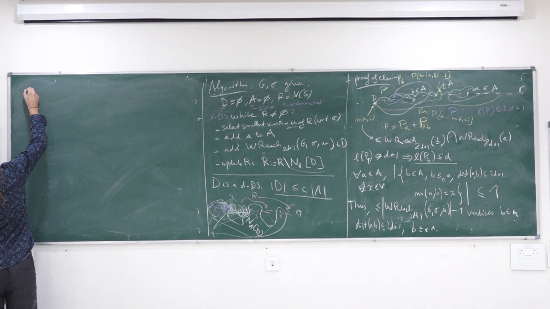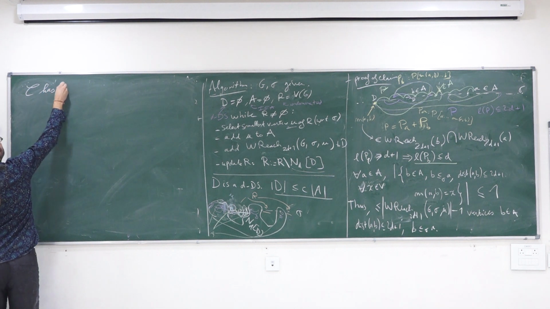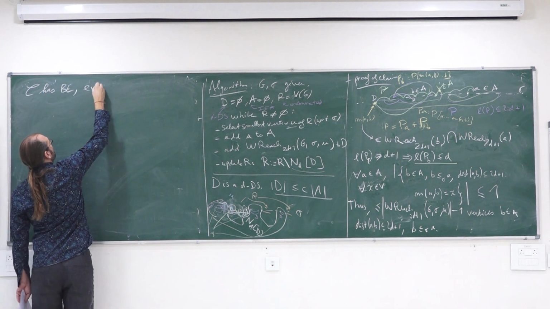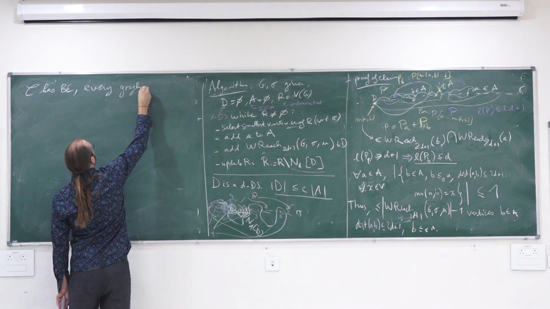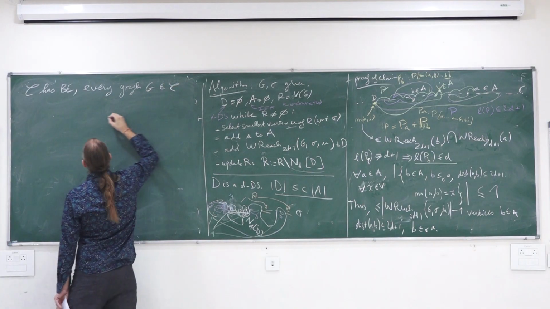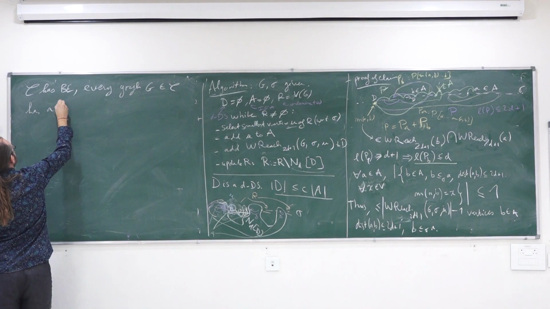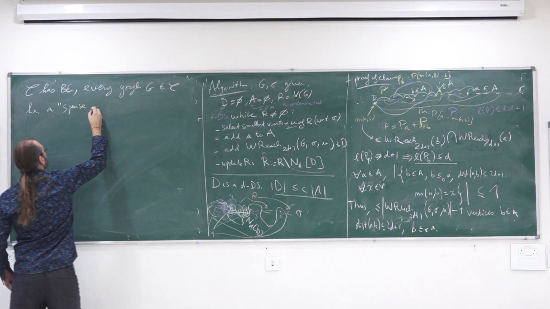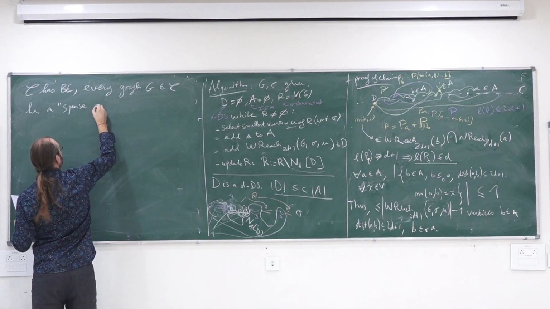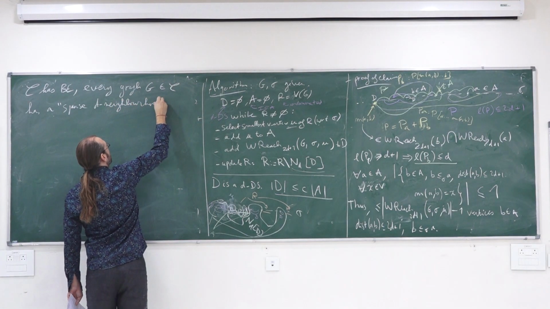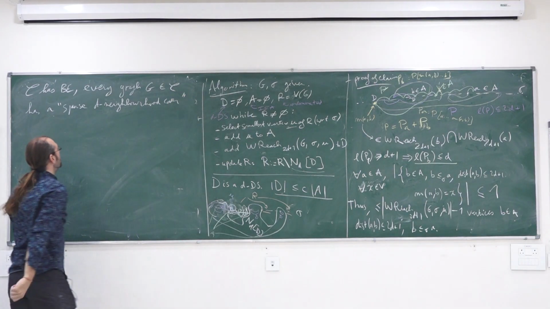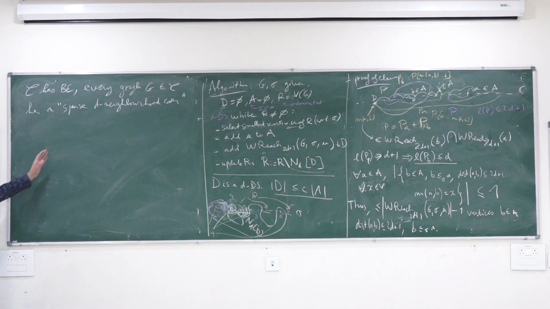So if C has bounded expansion, I'm not going to define this maybe before, every graph G in C has a sparse cover, and this can be very useful in some applications. Again, I'm not sure if this is a characterization of it, but at least I've seen that they have this property. So what is this?